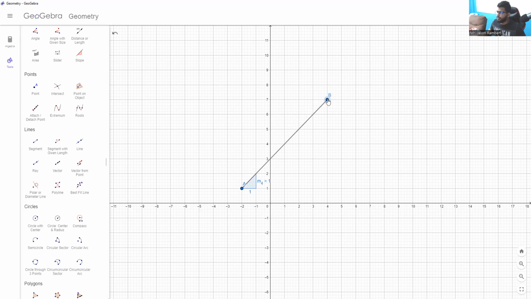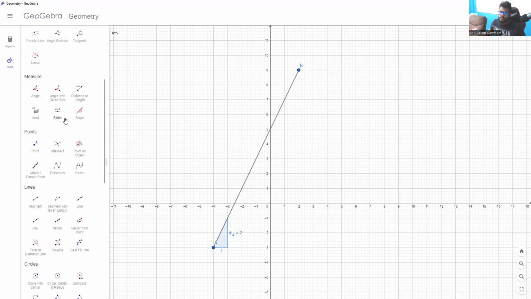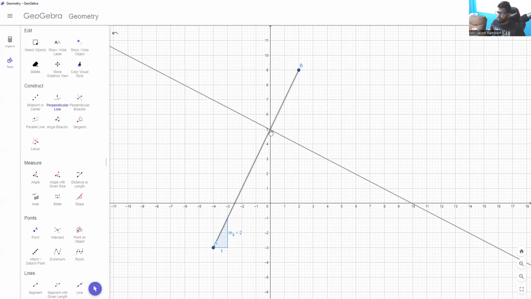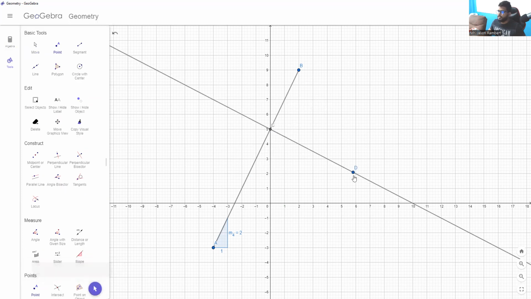Now I will use probably 2. So the gradient of AB is 2. The law says that if I draw a perpendicular line to AB, let me say at 0.5 here, and let me say the name of this line is CD.